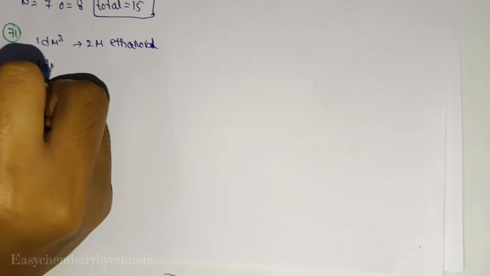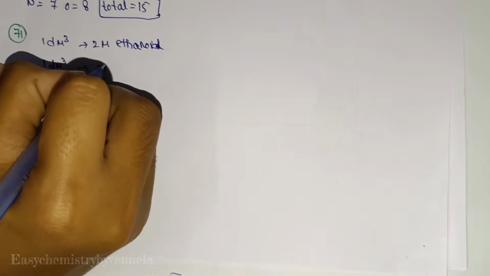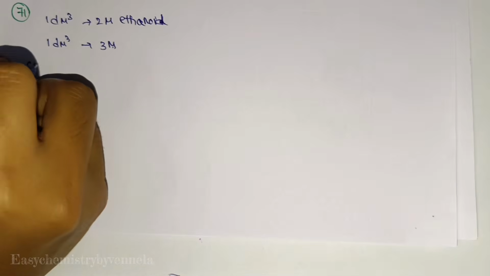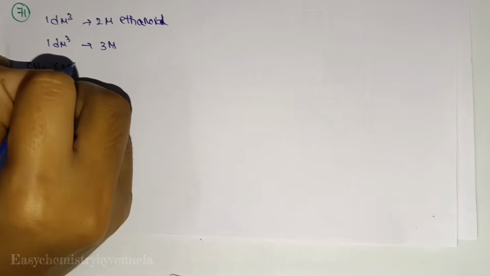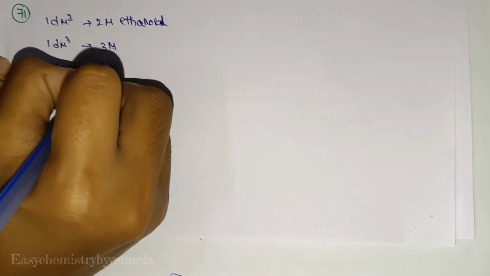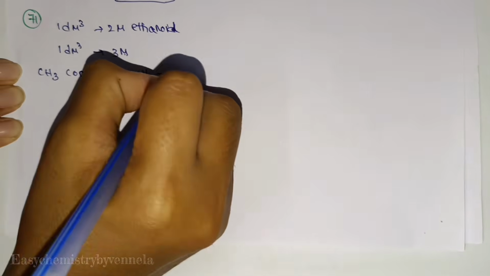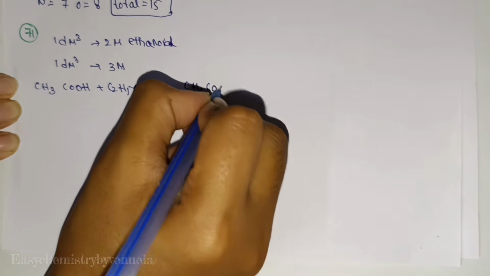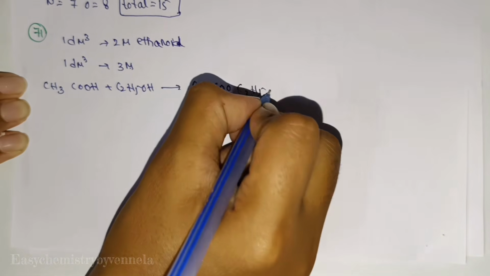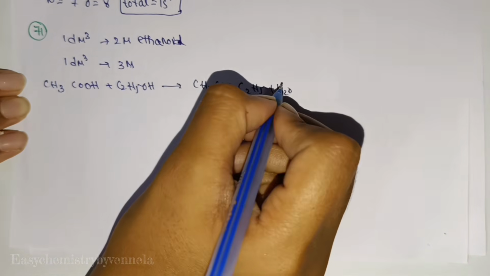Same here also, how much? 3. Here this is the equation: CH3COOH plus C2H5OH forms CH3COOC2H5 plus water. This is the given equation.